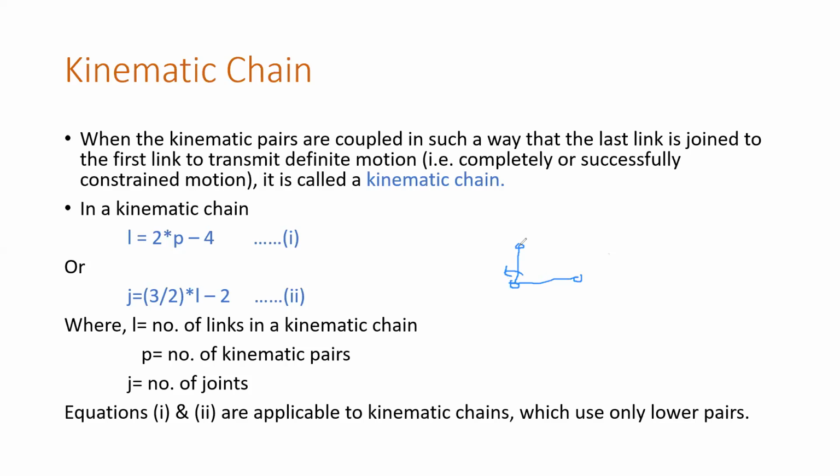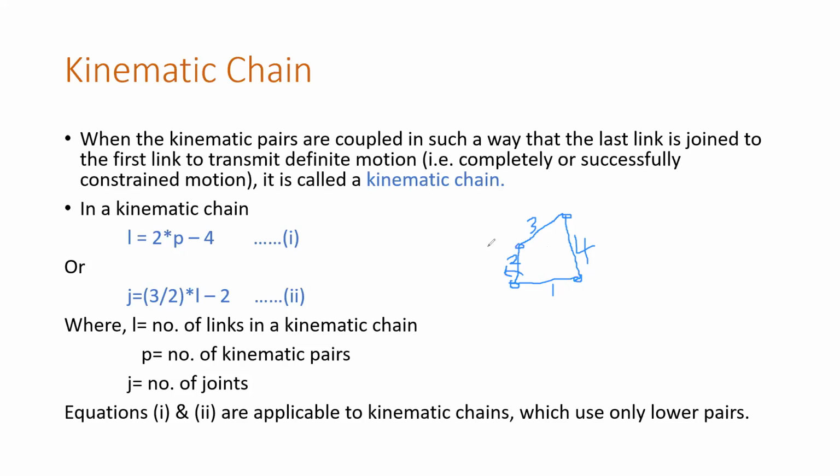Then you can also join another link like this, and finally I will join the last link with the first link so that this loop is closed. If I have to number them, first link, then second link, third, and fourth. So when the last link is connected to the first link, whatever is formed is called a kinematic chain.